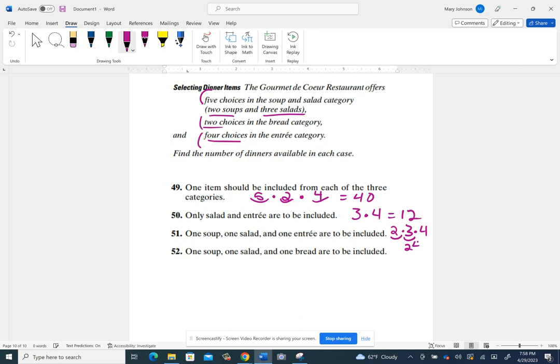So that would be 24 possibilities on that one. Okay. And then 1 soup, 1 salad, 1 bread. We have 2 possibilities for soup. We have 3 possibilities for salad and 2 possibilities for bread. So that gives us 12 possibilities. So fundamental counting principle was what we were doing in this section.